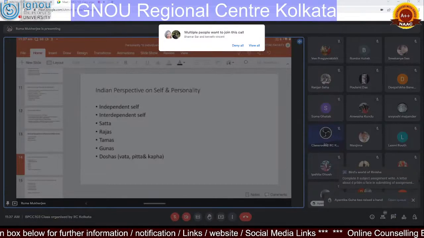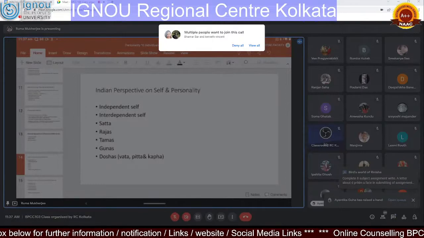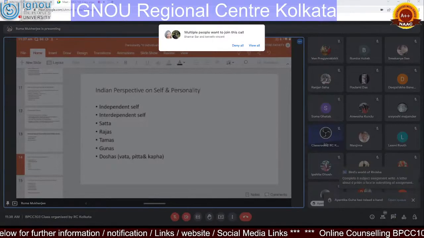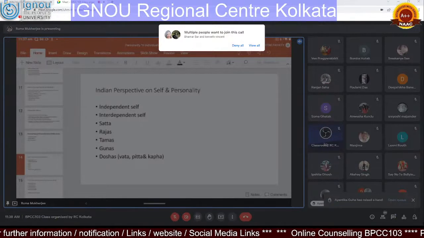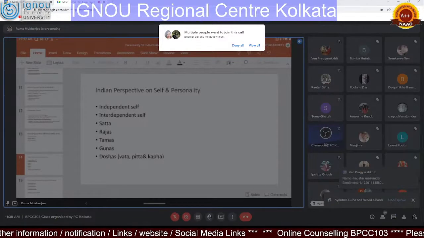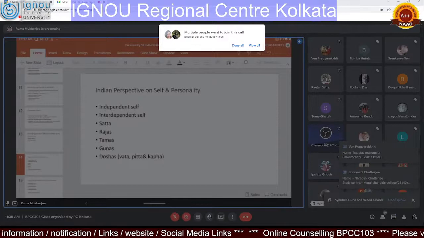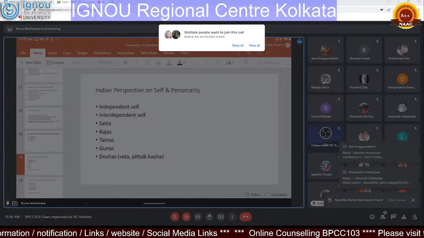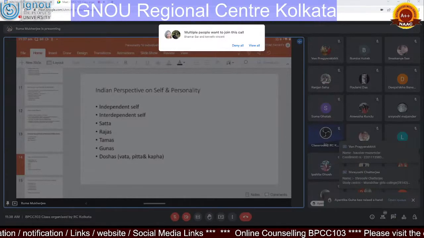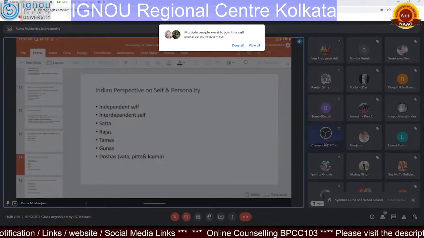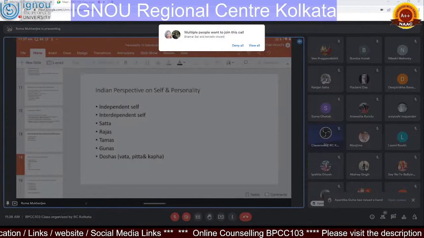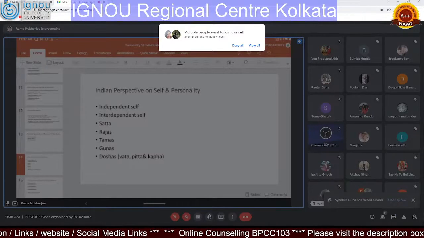And kapha relates again to water and earth. That means water, the calmness, and the earth, that means the mother earth where we are living. So these three components are mentioned in the Ayurveda, and are also known as the three doshas.